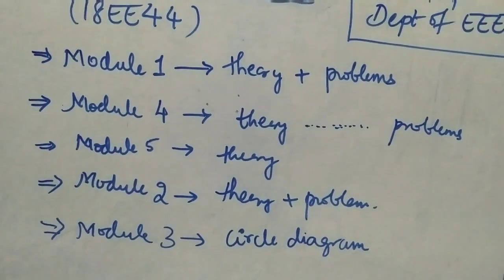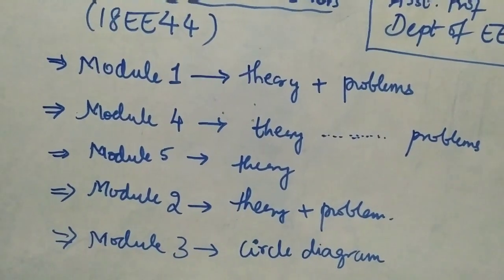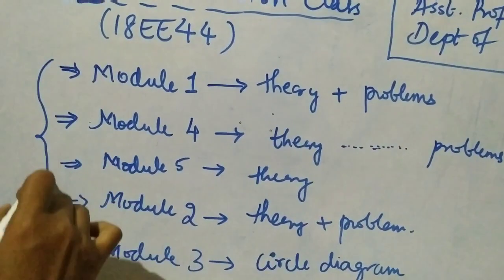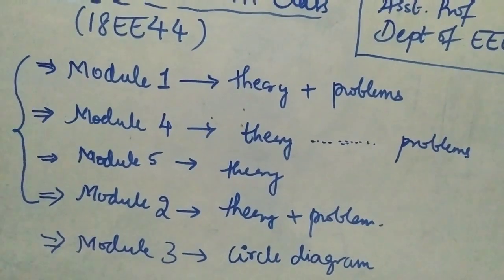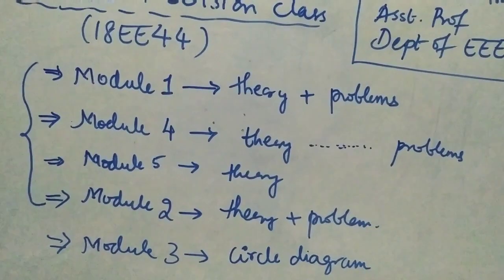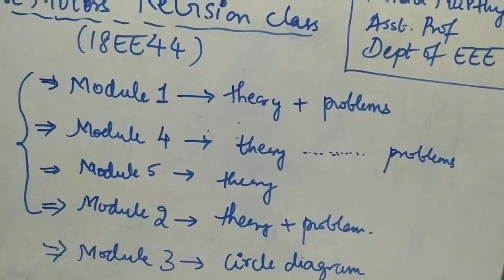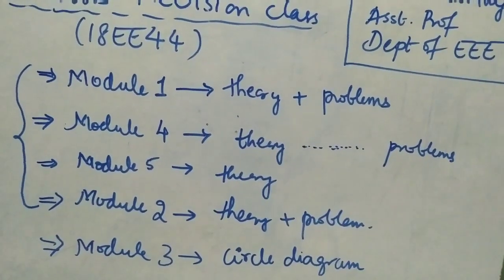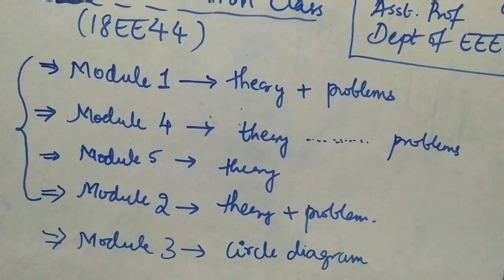If you're not able to follow everything, you can be thorough with at least these four modules, which are very easy to score in this subject. Okay, so let's move on with the sequence of how you're going to face the questions in the question paper.